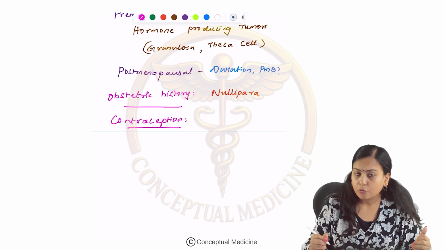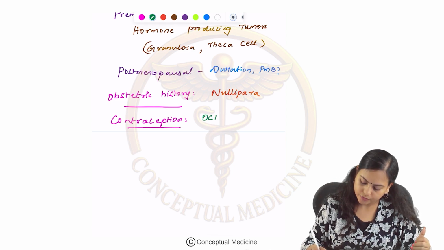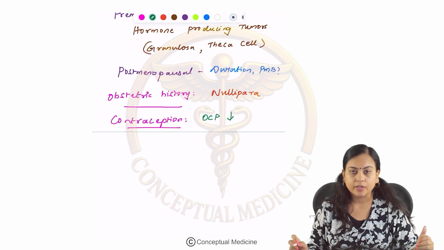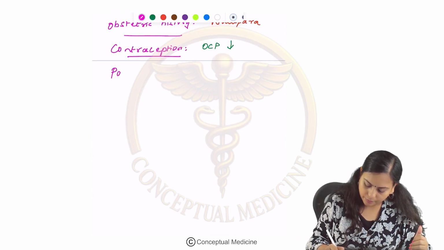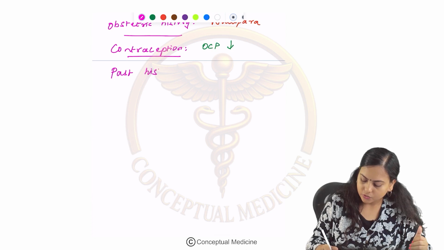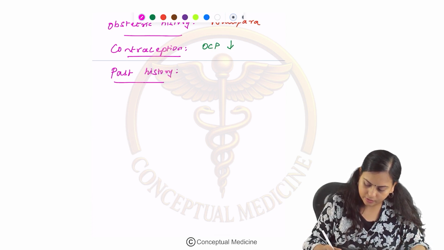The intake of oral combined hormonal pills is going to reduce the risk of ovarian cancer. You have to ask about her past history as well, any surgical history or medical history, treatment history like that.